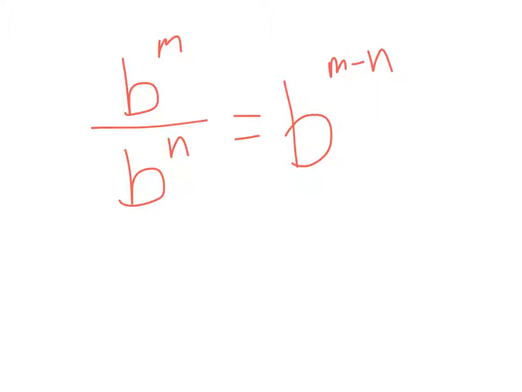If you want to think about it again, let me write it out for you like I did with the product rule. Let's say we have 6 to the 4th power, and I'm dividing it by 6 to the 2nd power, just to give you a simpler one here.